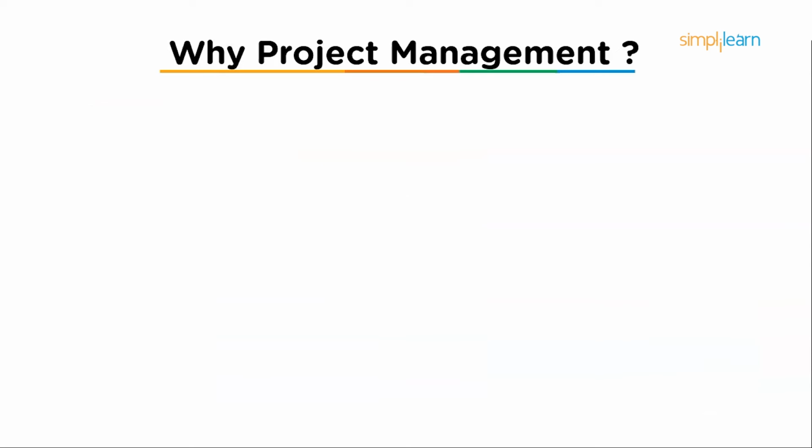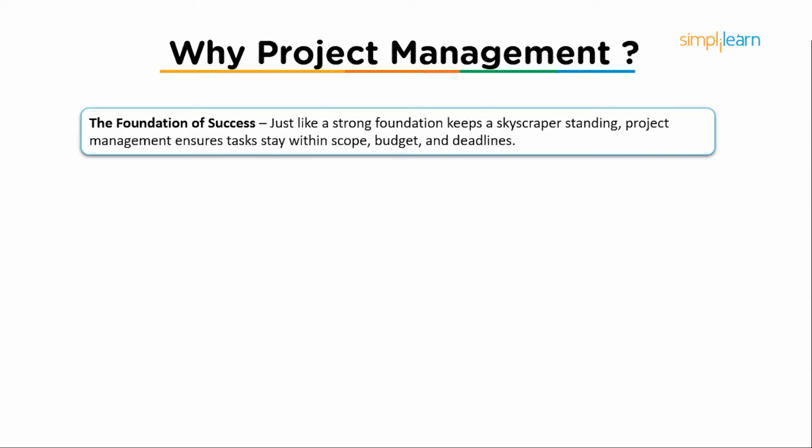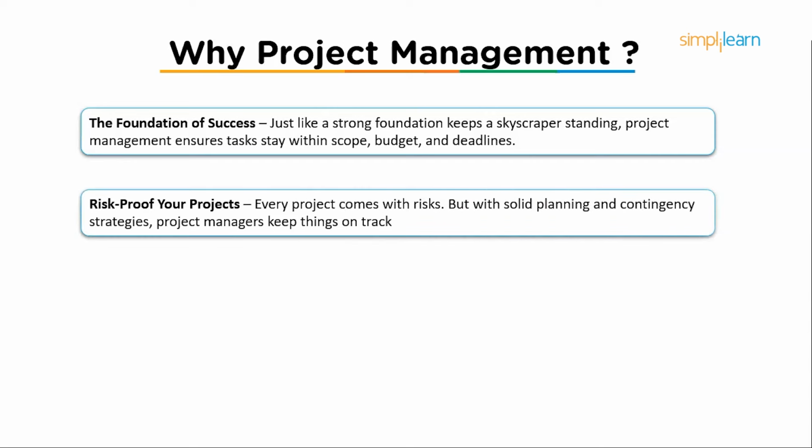So, the first point we have is the foundation of success. Just like a strong foundation keeps a skyscraper standing, project management ensures tasks stay within scope, budget, and deadlines. So, no more chaos, just smooth execution. The second point we have is risk proof your projects.